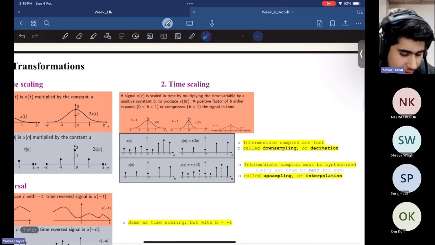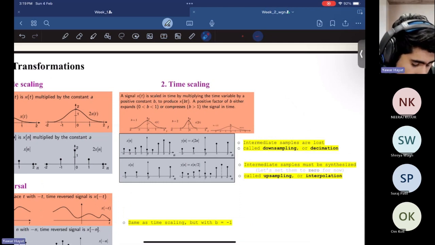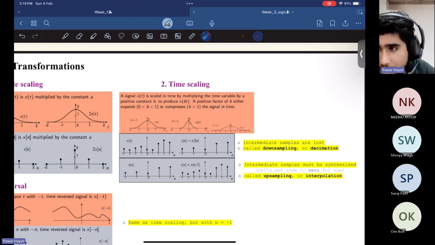Let's move on to the time scaling one. A signal x of t is scaled in time by multiplying the time variable by a positive constant b to produce x of bt. With a positive factor of b, it either expands or compresses depending upon the value of b.